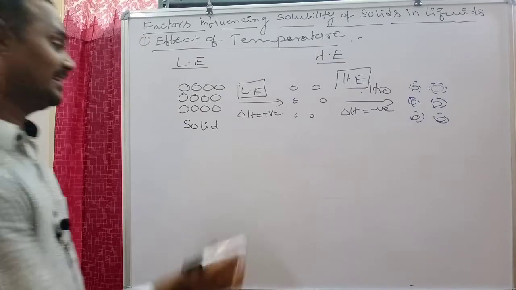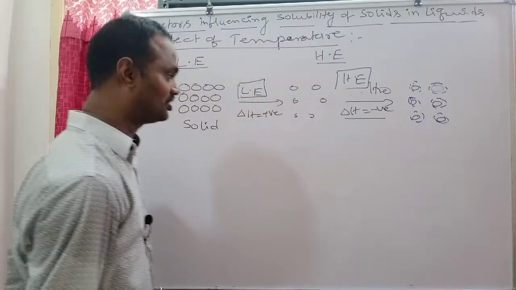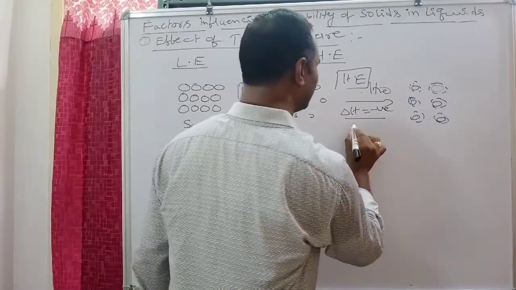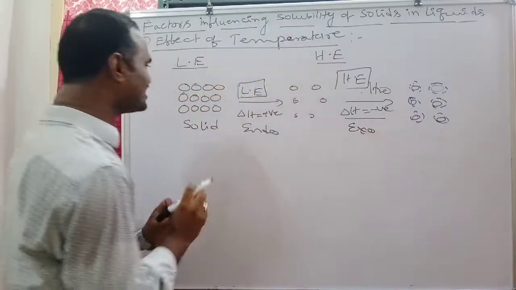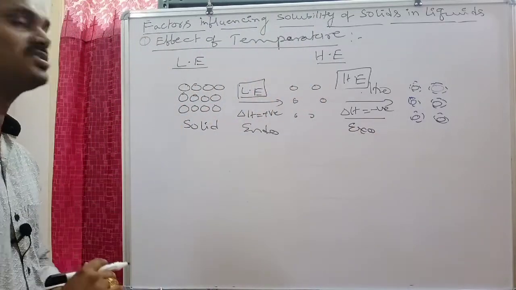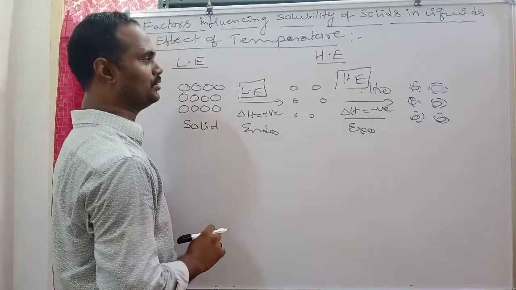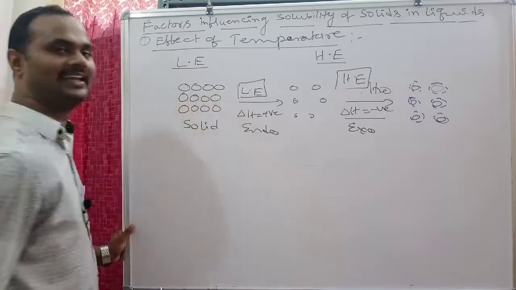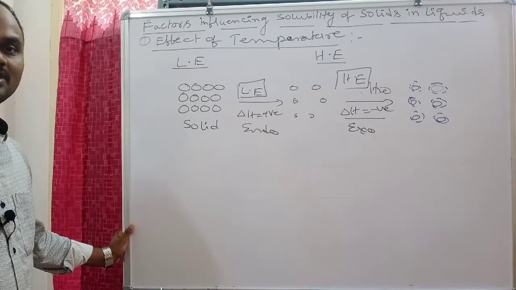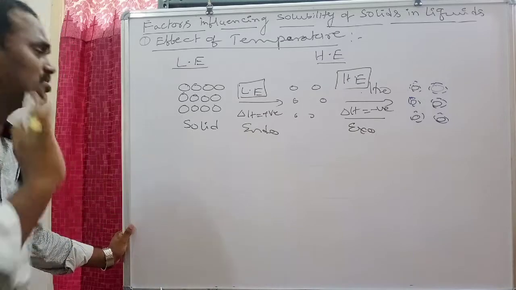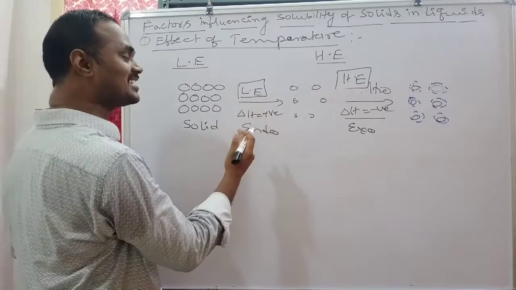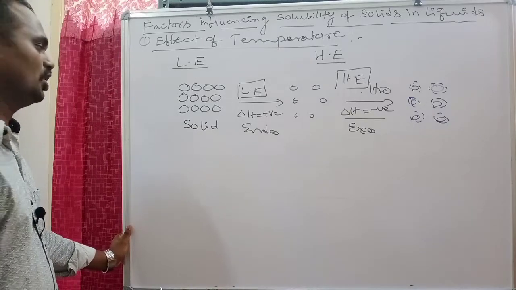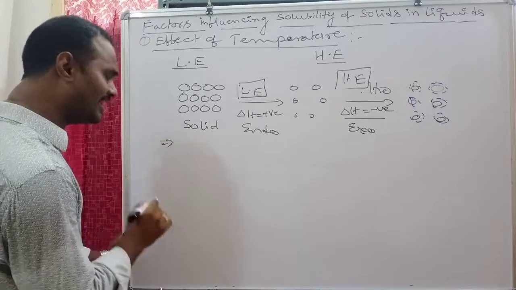Carefully see: this is releasing energy, this is taking energy, this is exo, this is endo. For any solid to dissolve in a solvent, its hydration energy must be greater than lattice energy. Then the solid is easily soluble. Suppose the lattice energy is more than the hydration energy, then that solid is insoluble.